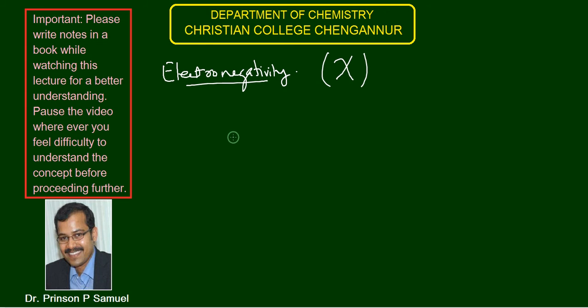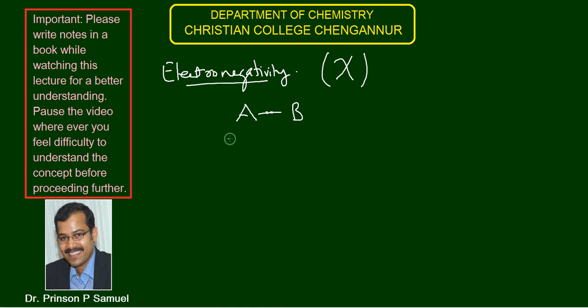So, electronegativity of an element is the tendency of an atom of that element to attract a shared pair of electrons towards its side. For example, you have some molecule A, B, and between A and B there is a shared pair of electrons.